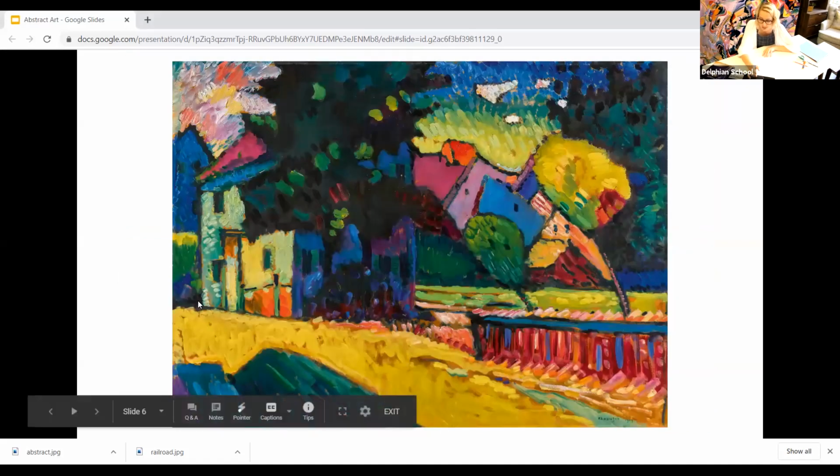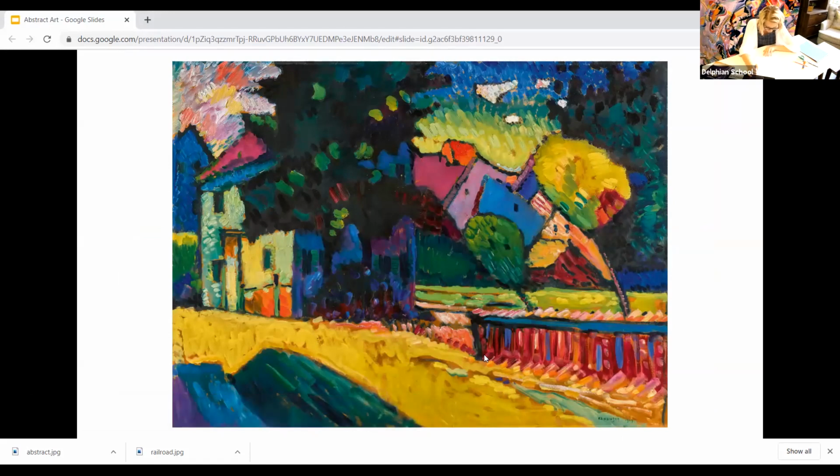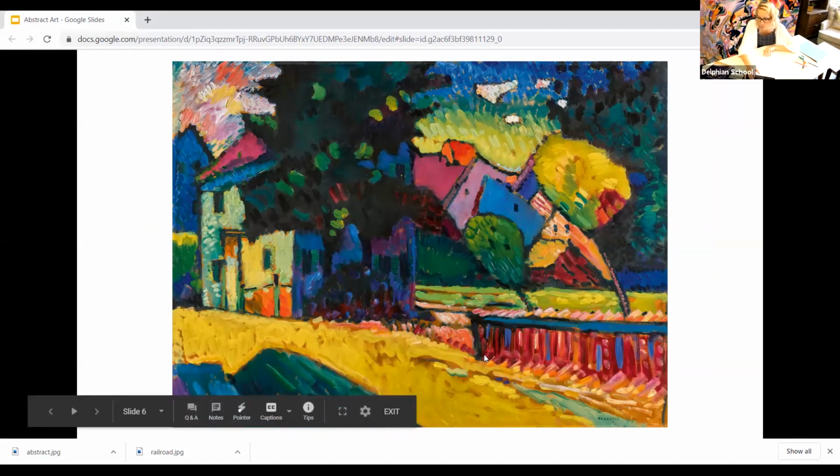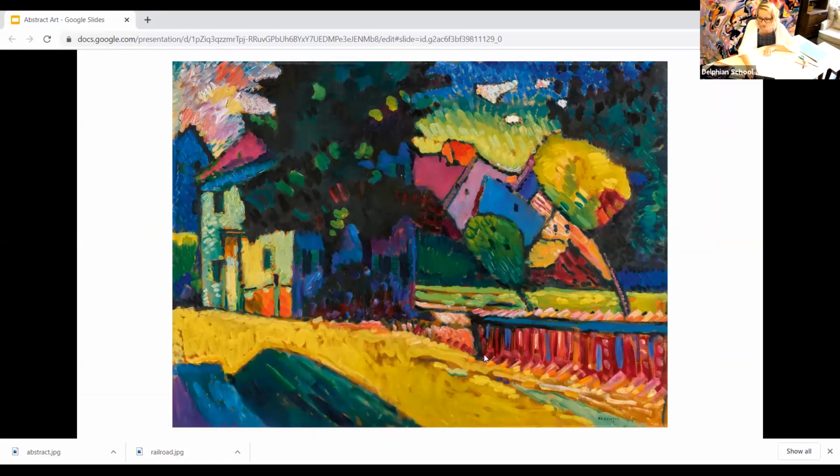So this is a landscape painting by Kandinsky as well. It's called Landscape with a Greenhouse. Here you can see his influence by Monet in the way that he does his fields a bit, but you can definitely see how he's starting to make his pictures more abstract. The fields look like these blues and purples and yellows.